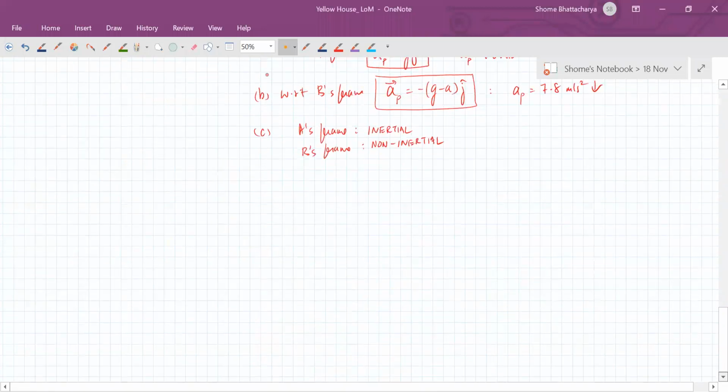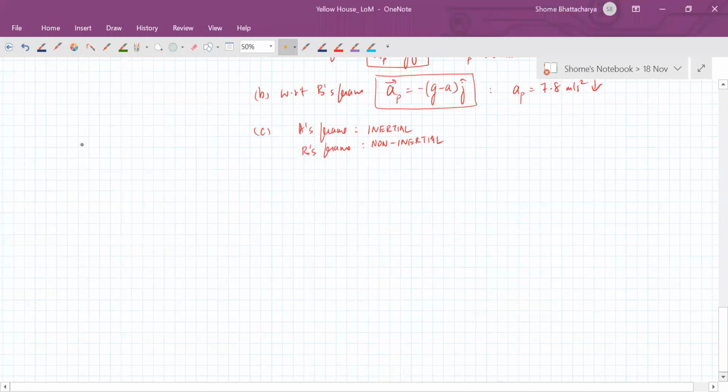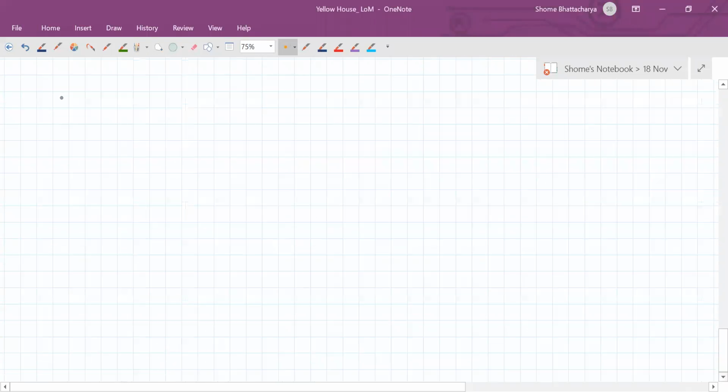Okay. Now we come to the part of main interest to us: application of Newton's second law in a non-inertial frame.